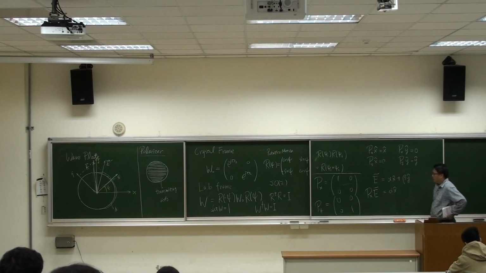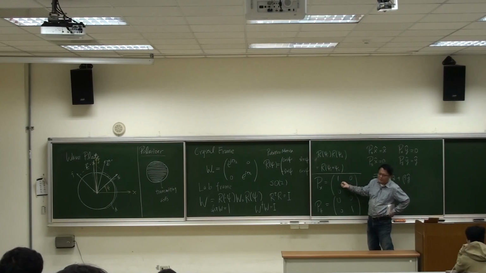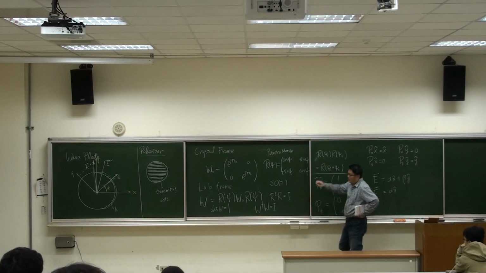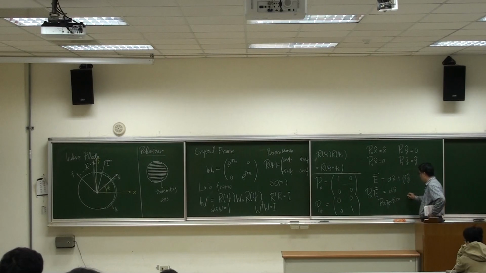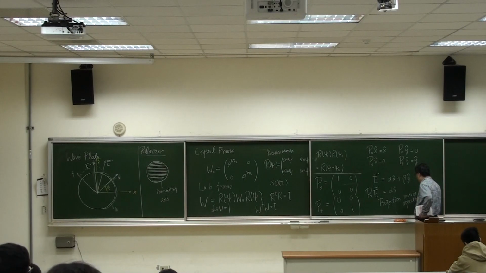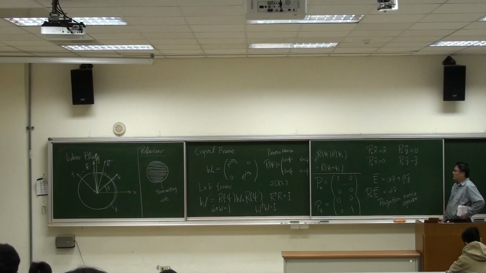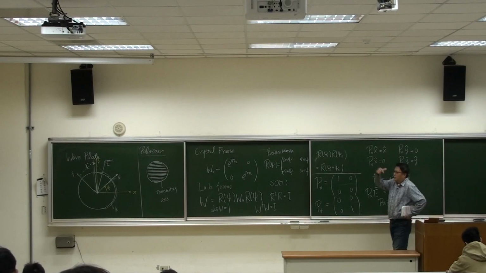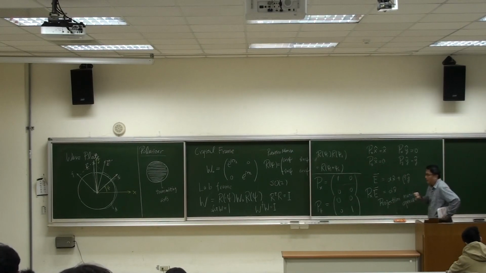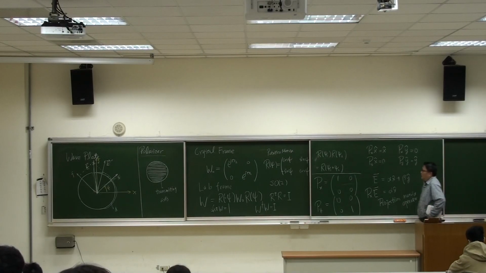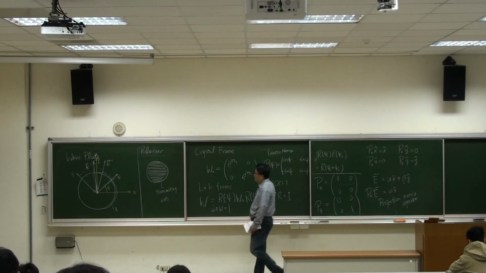Okay. So this kind of matrix is not a unitary matrix, but is called a projection matrix or projection operator. It is called a projection because only the projected shadow part passes through, and the other part is absorbed.